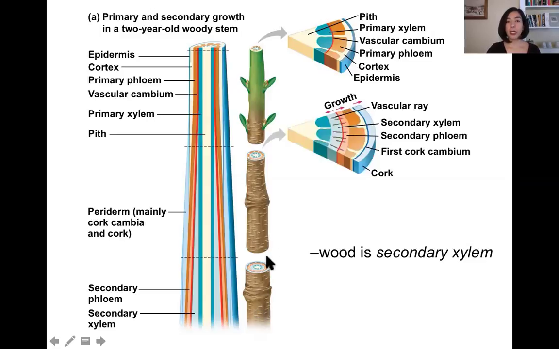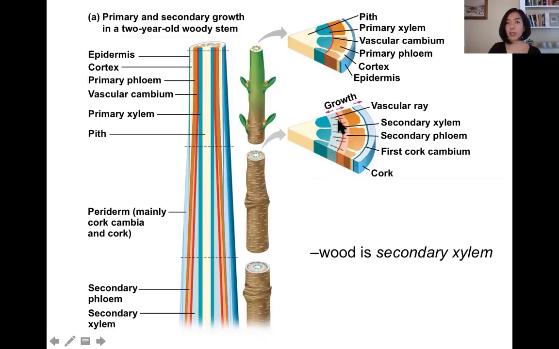If we cut now this section in here, if we cut the tree around this area, we can see that this tree has accumulated a little bit of secondary xylem towards the inside and secondary phloem towards the outside. And see how the primary phloem and primary xylem are moving apart as the secondary xylem and secondary phloem form.